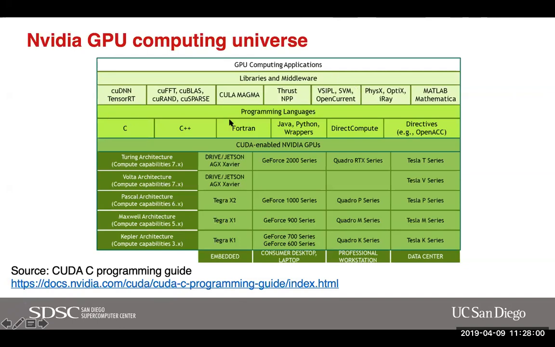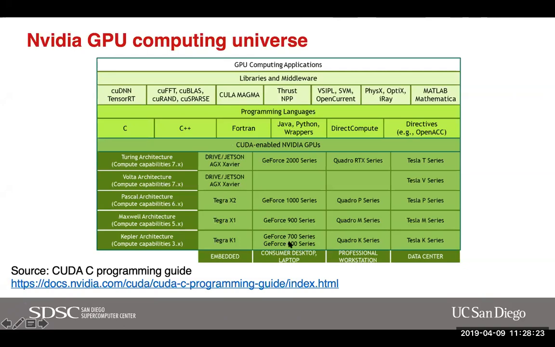So there's many libraries, then there's programming languages. You can program GPUs in CUDA from C, C++, and Fortran. There are also ways to use GPUs from Java and Python, or you can use directive-based programming, for instance, like OpenACC.